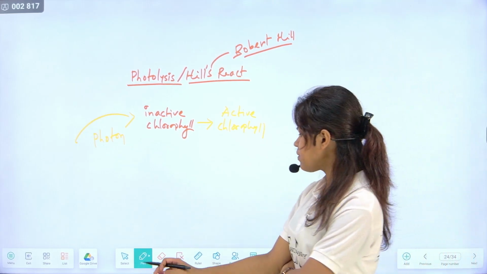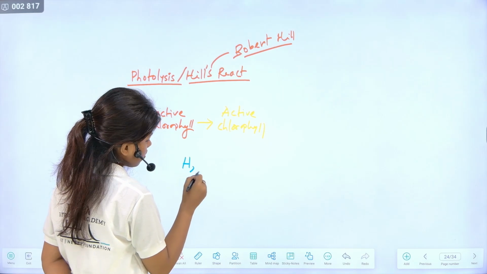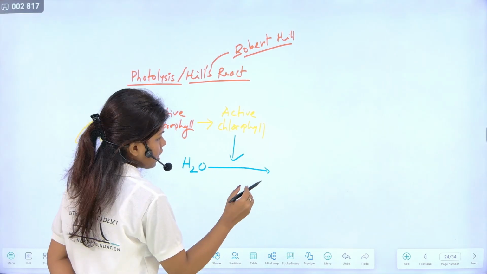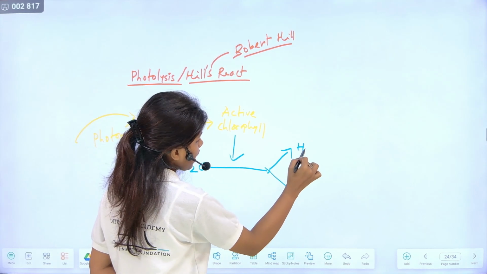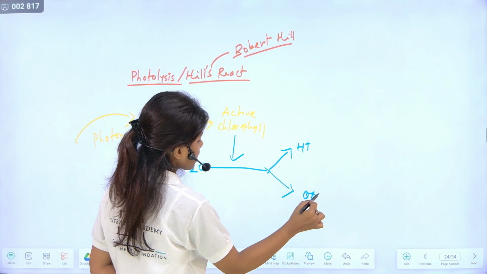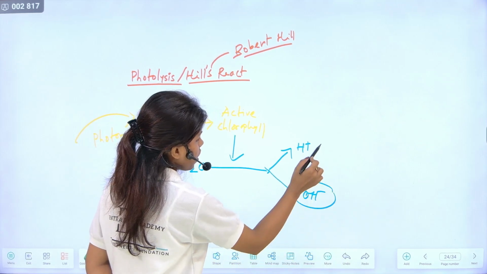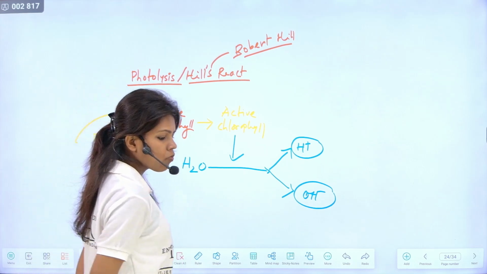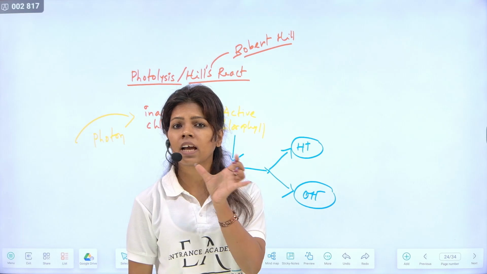Now this activated chlorophyll will break down the water molecule, and as a result the water molecule will split up into H plus and OH minus ion. So this lysis or breakdown of water molecule by activated chlorophyll and photon or sunlight is known as photolysis.